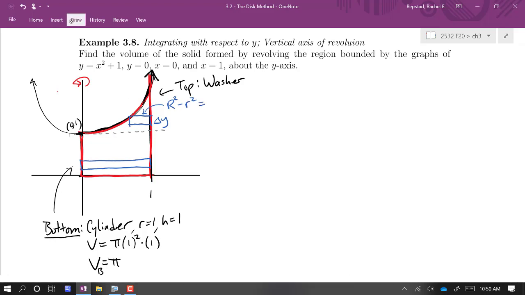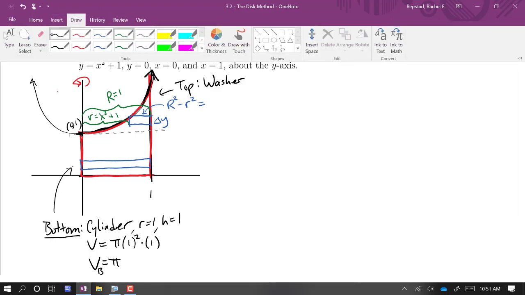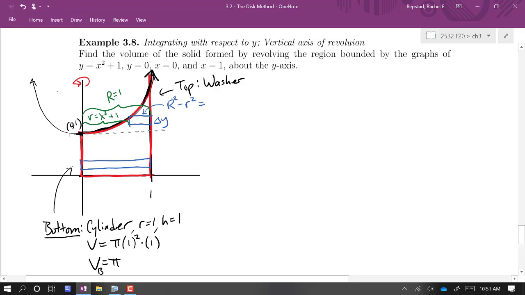The big radius is from the axis out to the furthest endpoint, so that's constant, that's 1. And the little radius is from the axis out to the curve, so that distance, right minus left, is x squared plus 1.